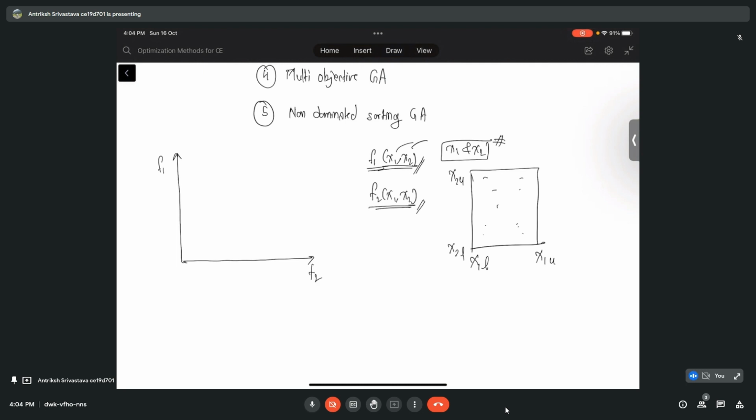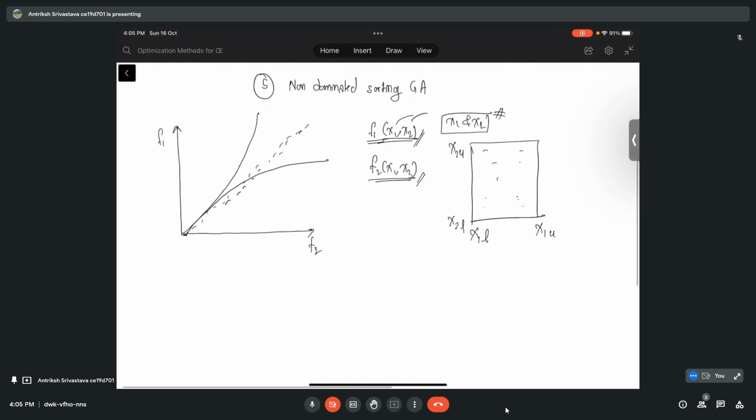When you plot it, the collection of points that you get in f1 and f2 looks something like this, or something like this, kind of trying to say that f1 is proportional to f2 power something, and it can also be f1 proportional to f2 power something plus a constant.